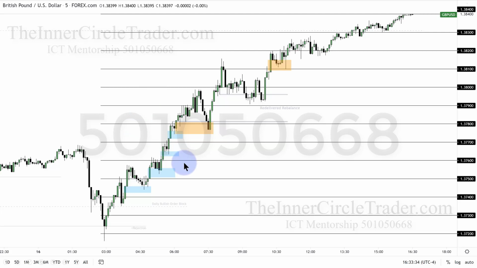Now, that is not to mean that it's always going to step 10 pips, come back, retrace, step 10 pips, retrace, and run 10 pips more. I'm not saying or suggesting that in any way, shape, or form.